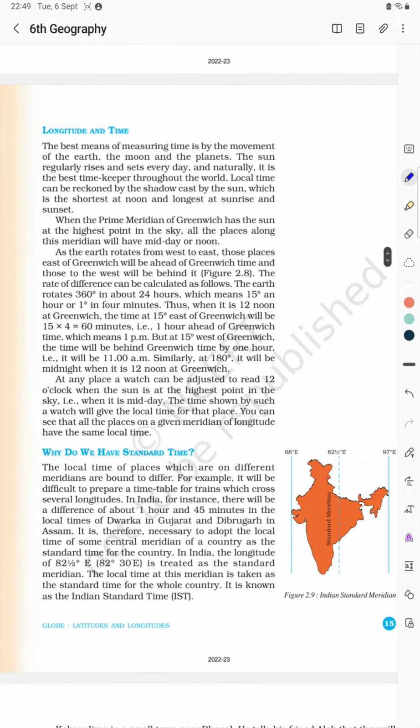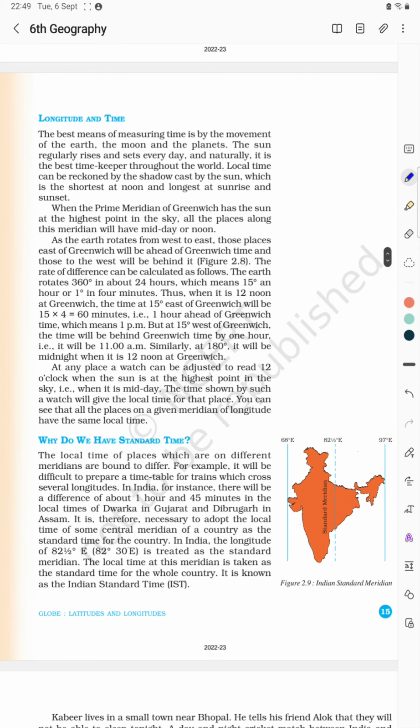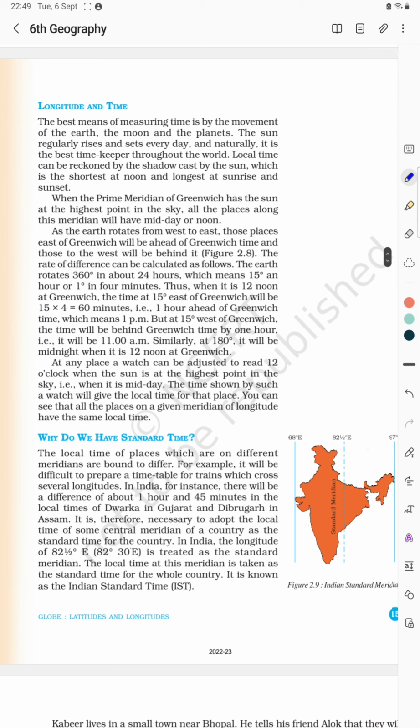Now, how do we use this latitude and longitude to determine the time of a place? Let us learn about this, and this is the last topic of this chapter. The best means of measuring time is by the movement of Earth, Moon, and the planets. The sun rises and sets every day. Naturally, it is the best timekeeper throughout the world.